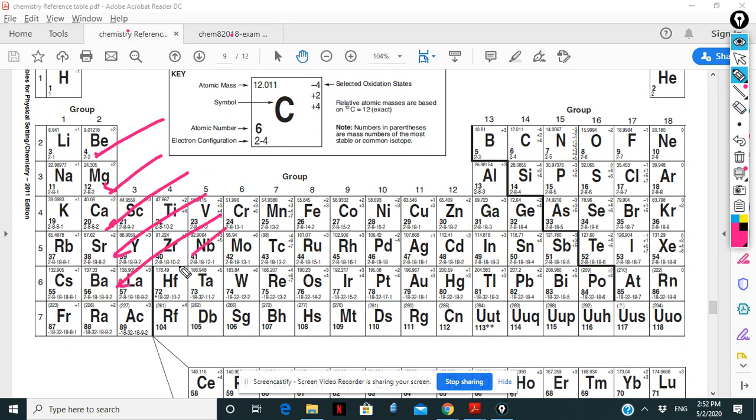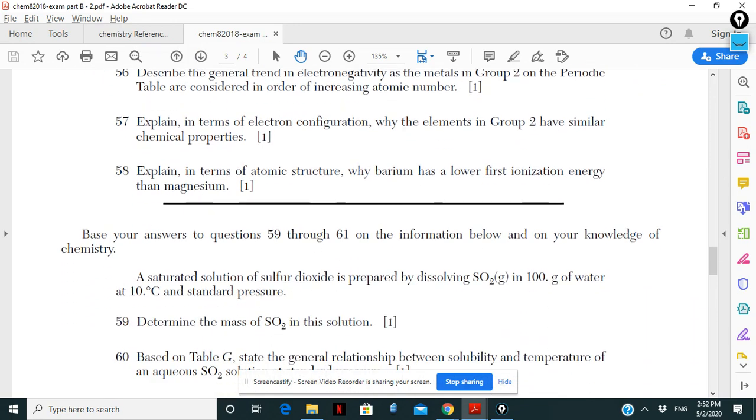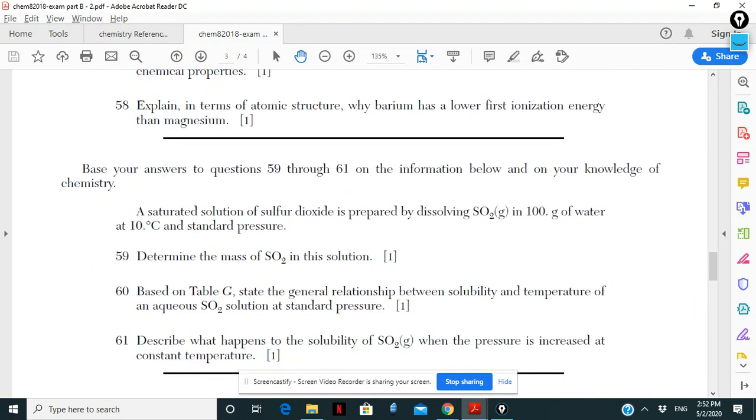According to the configuration, the valence electrons are two, and in a chemical reaction, they participate only by the electrons of the valence shell. So that means they are going to have the same chemical properties.